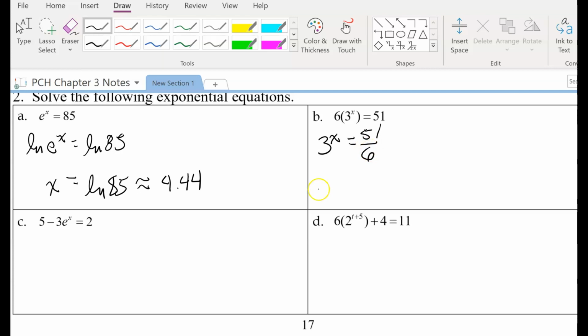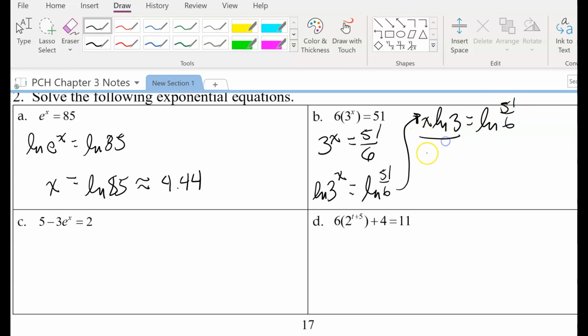So I'm going to use a natural log, so I'll have natural log of 3 to the x is equal to natural log 51/6. All right, and then let's go ahead and move that exponent out to the front. So I have x natural log 3 is equal to natural log of 51/6. Divide both sides by natural log 3.